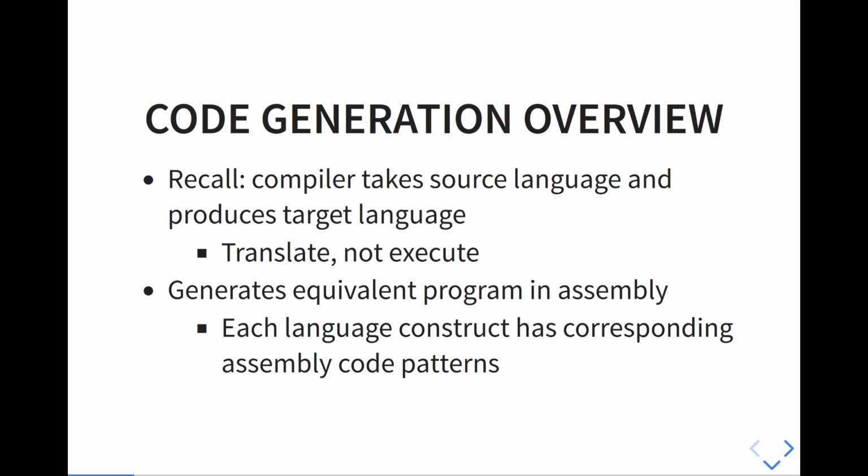And so our general idea here is to take each language construct and create a template that, if we fill in the pieces of that template, will be equivalent at runtime when we actually execute these two programs. There are these assembly coding patterns that our programming language captures, which is one of the reasons why programming languages came about.